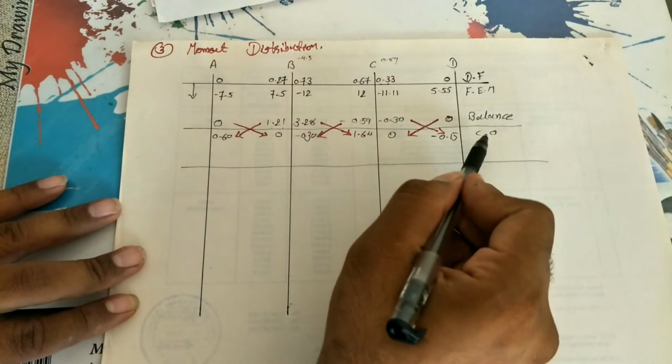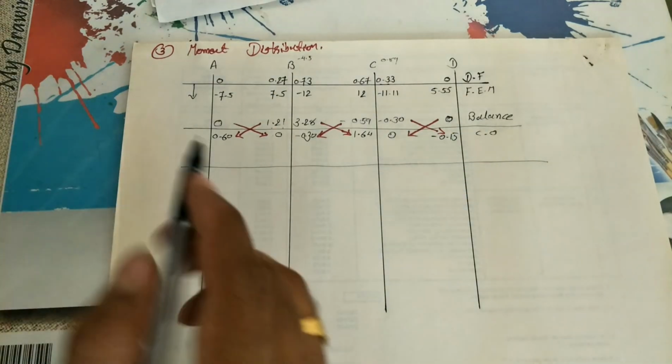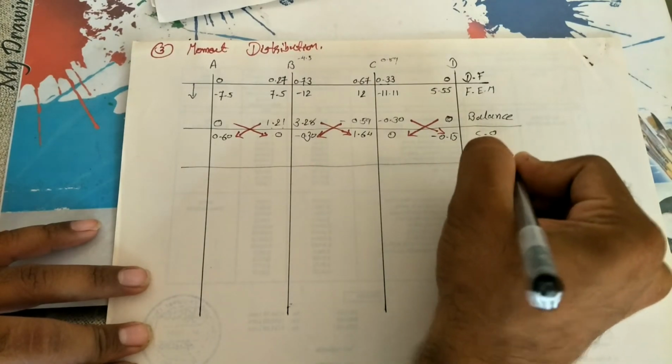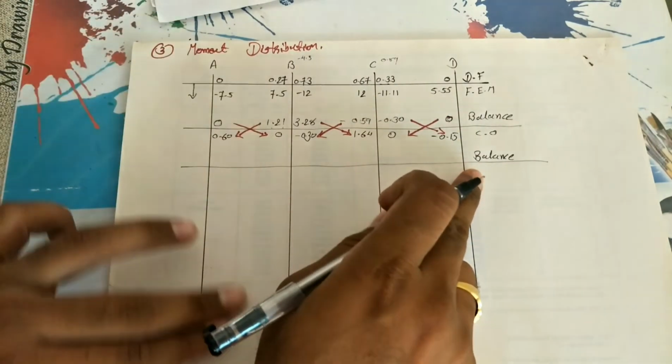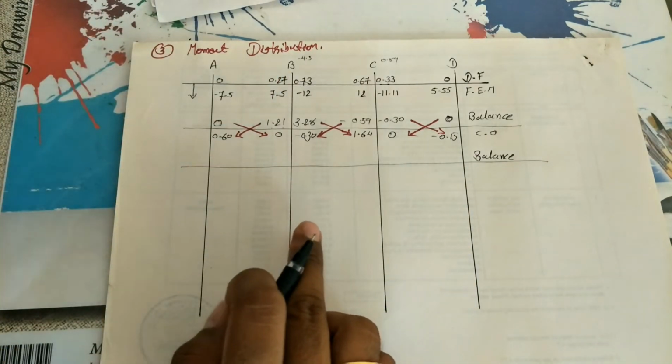Okay, so after carryover we have to compulsorily balance again. After balancing you have to check whether you get equal and opposite answers at the intermediate joint or not.